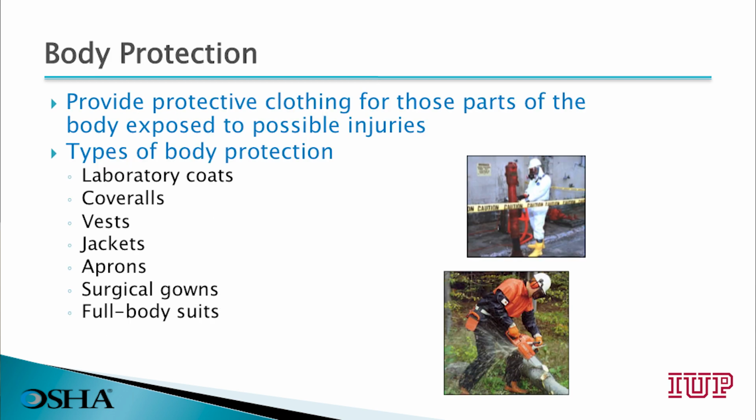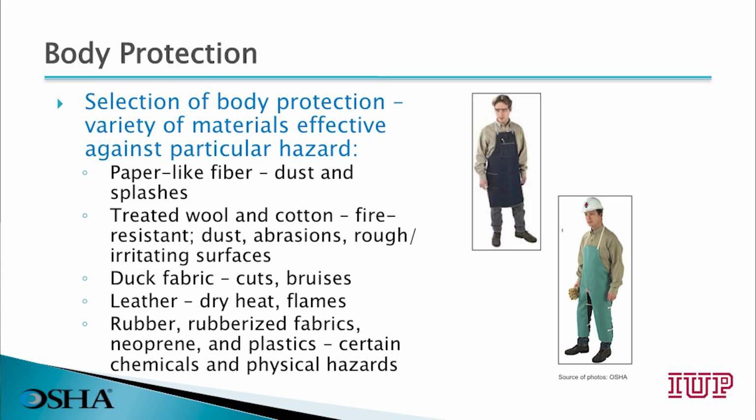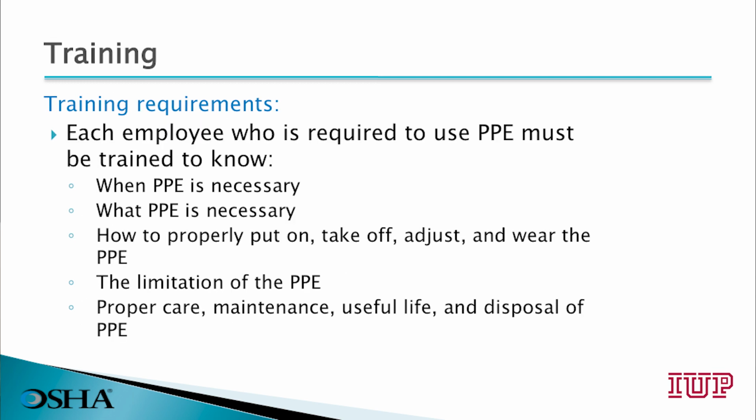Body protection. Personal protective equipment for the body include laboratory coats, coveralls, vests, jackets, aprons, gowns, or even full body suits. Personal protective equipment for the body comes in a variety of materials, including paper, treated wool, duck fabric, leather, or rubberized or neoprene and plastics. Training for PPE.